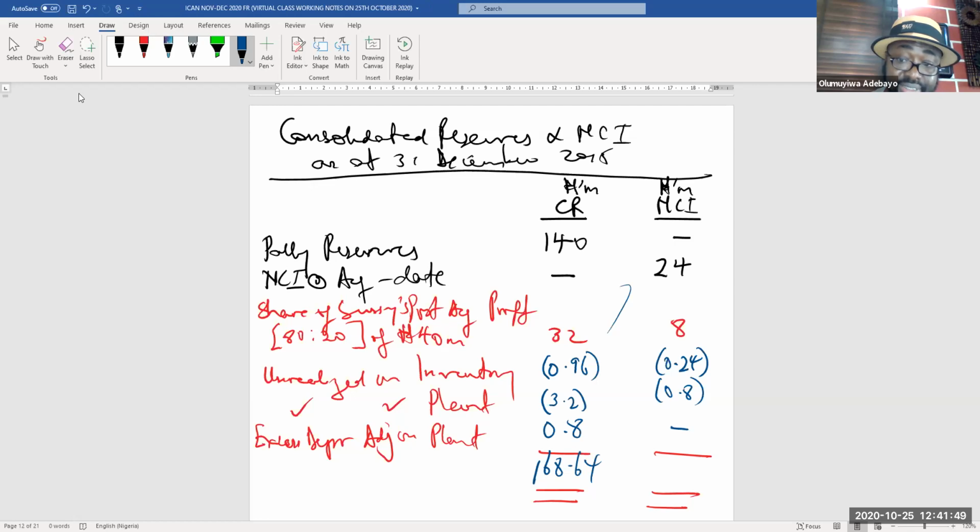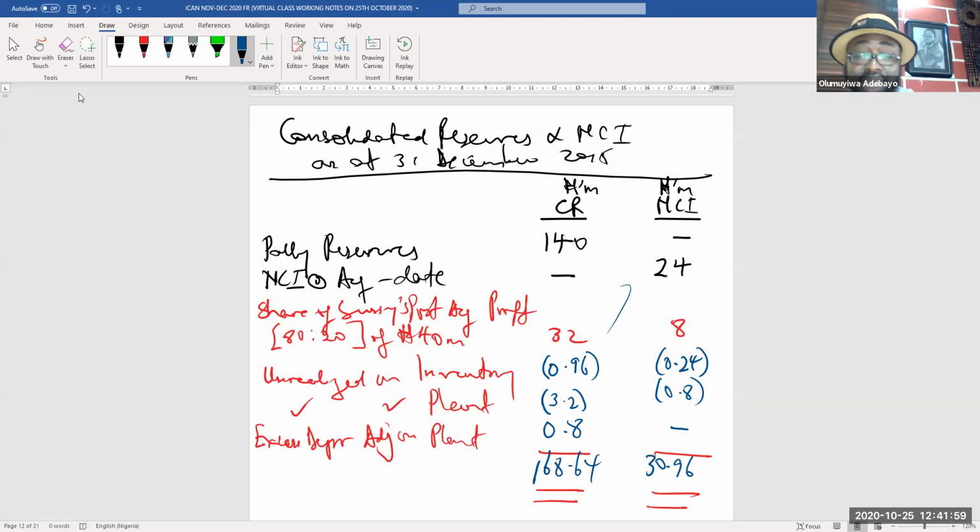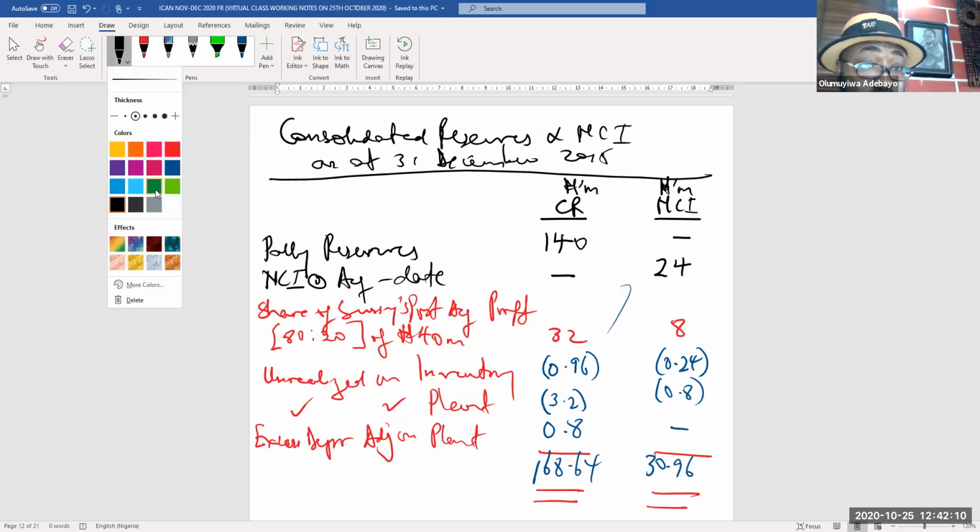24 plus 8 minus 0.24 minus 0.8 gives me what? 30.96. Now, one thing you need to do is that when I give you this solution, you will find out that the difference between this first solution and the second solution lies here, in the treatment we have here.